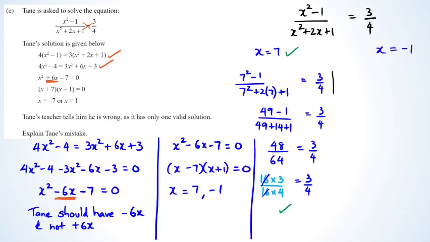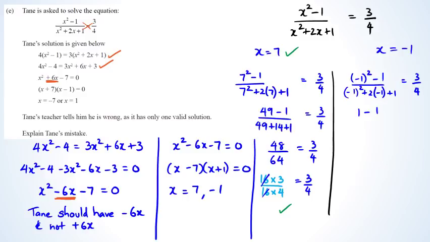But when we put x equals negative 1, let's see what happens. We've got negative 1 squared minus 1 divided by negative 1 squared plus 2 times negative 1 plus 1, which theoretically should equal 3 over 4. But in the numerator we have 1 minus 1, because negative 1 squared is positive 1.